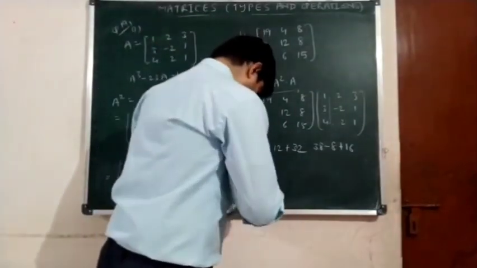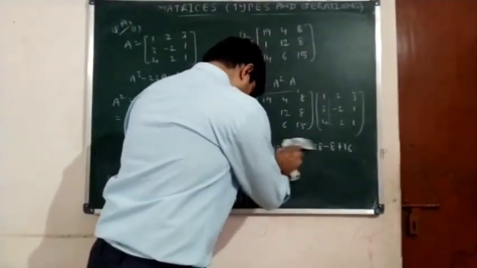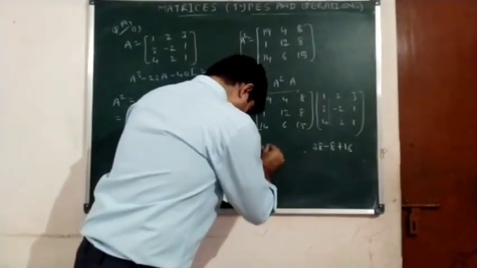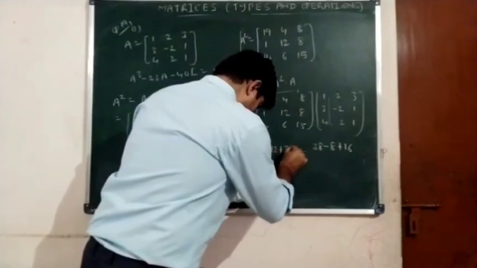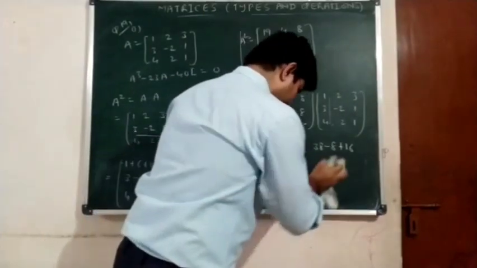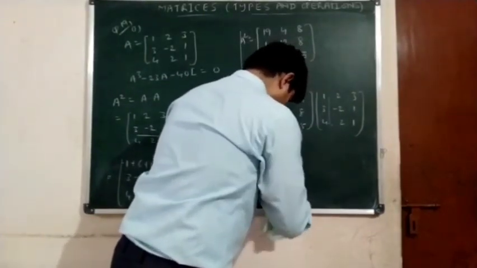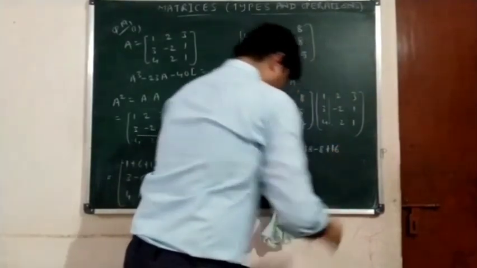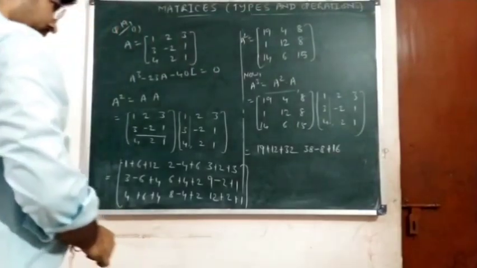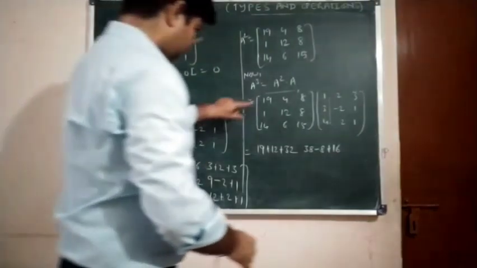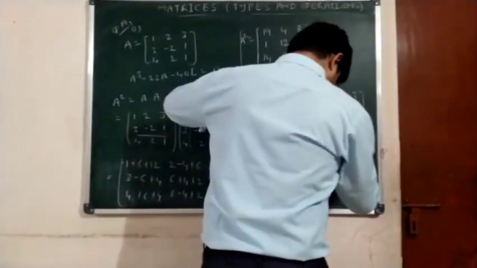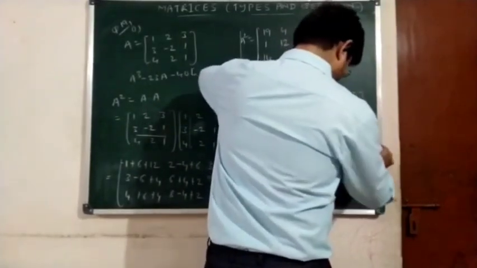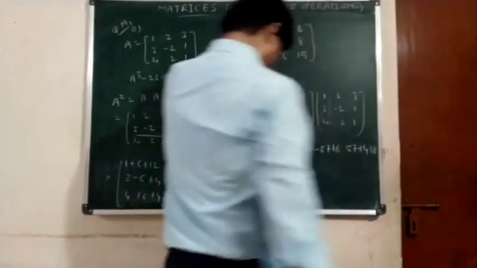Let me write down once again 19 plus 12 plus 32 and 38 minus 8 plus 16. Okay, now third one. 19 3s are 57 plus 4 ones are 4 plus 8 ones are 8.